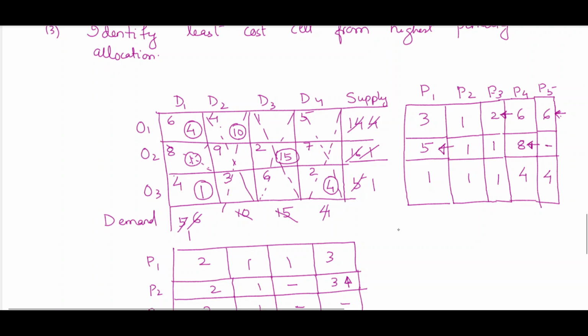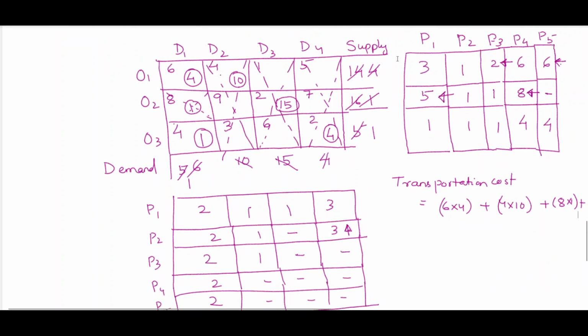Total transportation cost is equal to 6 into 4 plus 4 into 10, here 8 into 1, plus 2 into 15 plus 4 into 1 plus 2 into 4. If you sum it up, it is rupees 114.